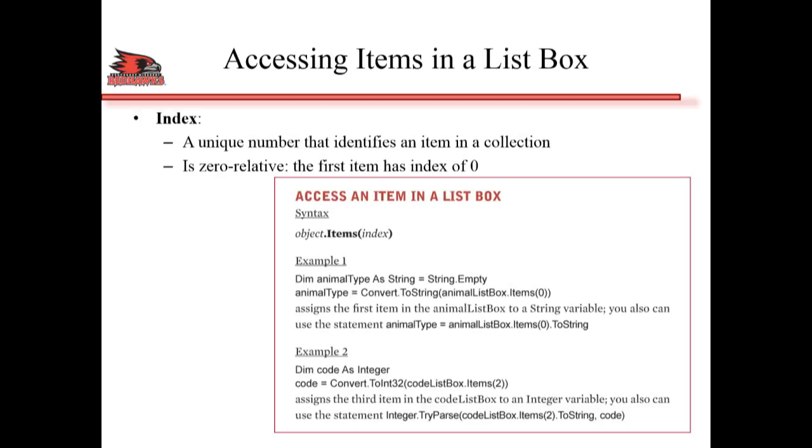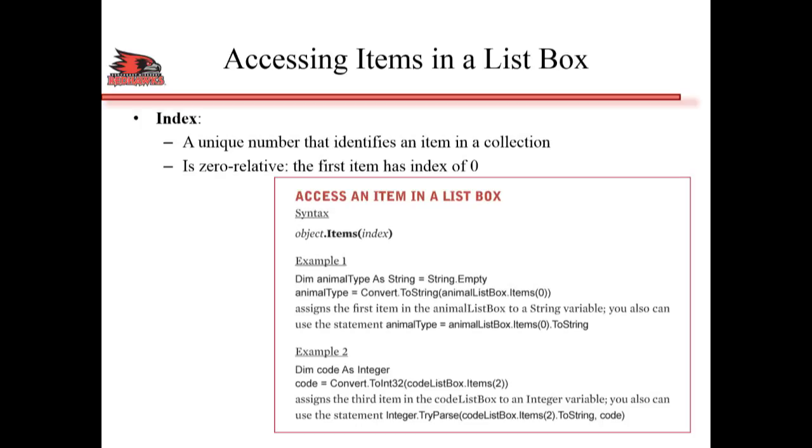That means assign to animal type the first item in the animal list box. Now again, in this list box, the first item has an index of 0, not 1. So the first item 0, the second item 1, third item 2, like that.